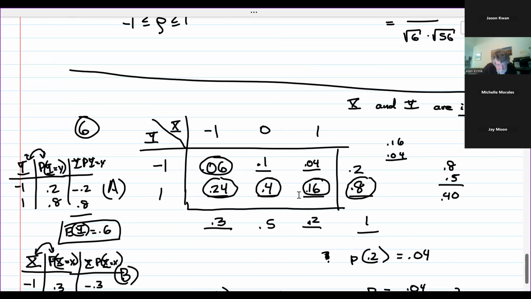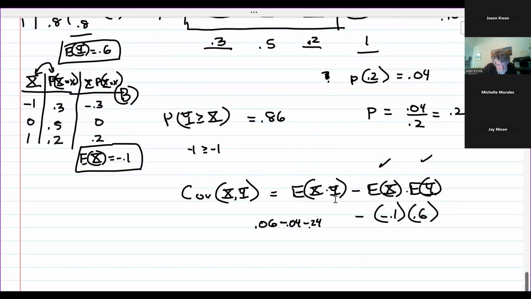So 1 times 1 times that is 0.16. Okay, so what do these all add up to? The 0.16 and the 0.06 add up to 0.22.